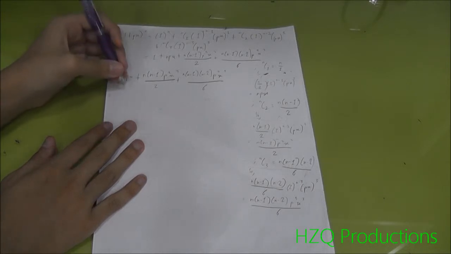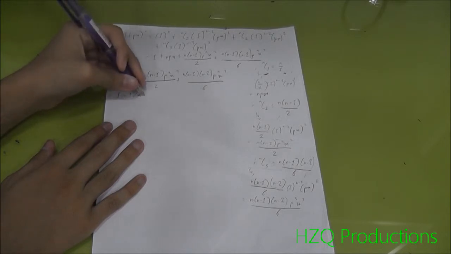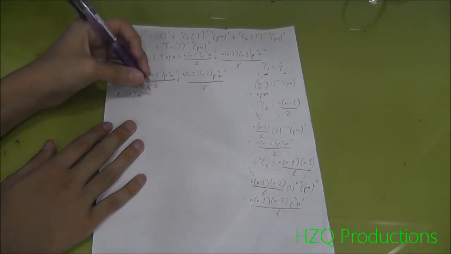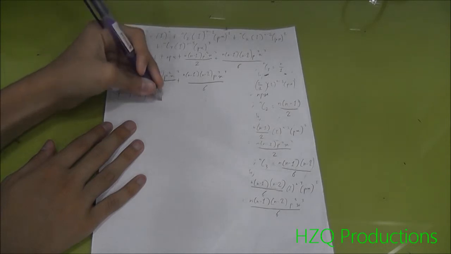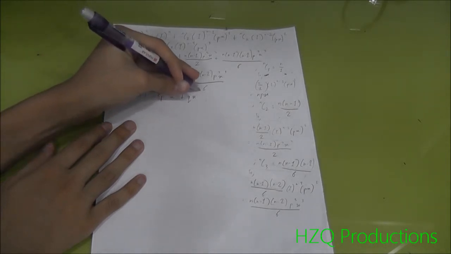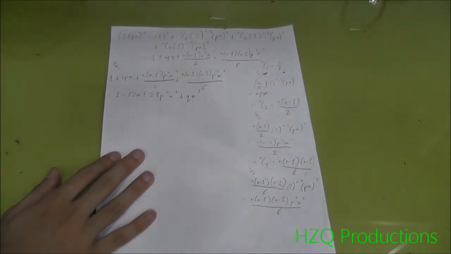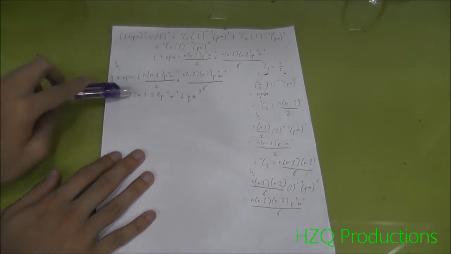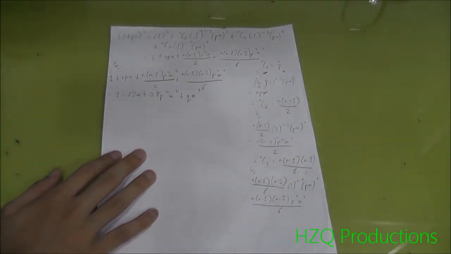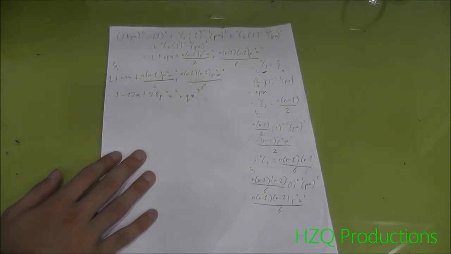Basically, it's 1 − 12x + 28p²x² + qx³. So the equation you formed is equal to this, which is what was given in the question. Okay, so let's move on.